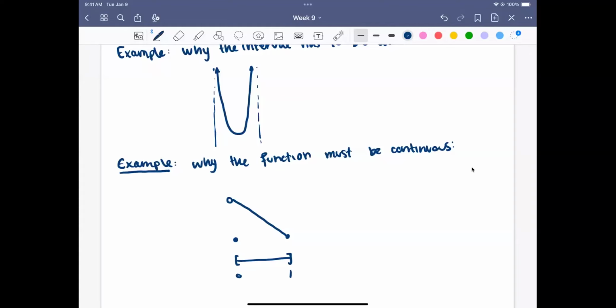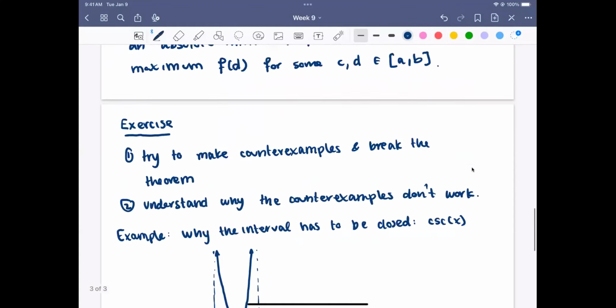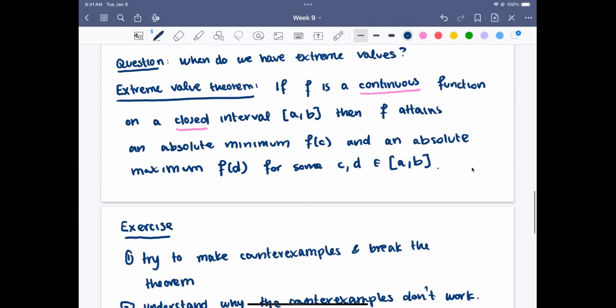Okay, so back to the statement of this theorem. It feels intuitively plausible, hopefully, by failure to come up with a counterexample. But it's actually a little bit tricky to prove. You can understand the proof, but it's just a little bit long. So we're not going to do it, but if you are interested, it is written in the little book of limits and continuity.